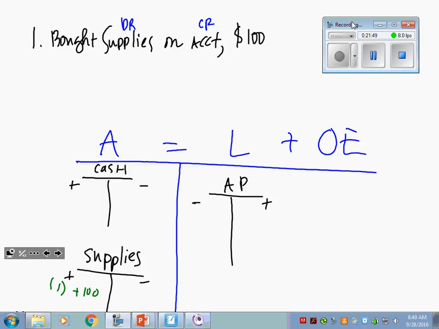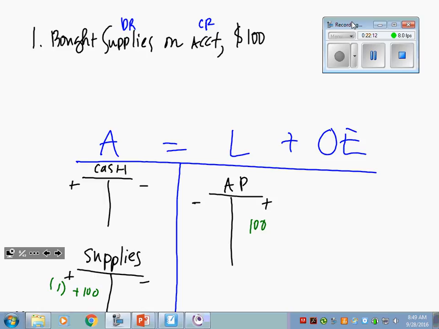Okay, I want to just stop right there. I debited something. What does the other half of the transaction have to be? Okay, so I'm going to just put this 100 in, not mark anything else up, and let's think about that. If we got supplies, that's a debit. The other one has to be a credit, but does that make sense?